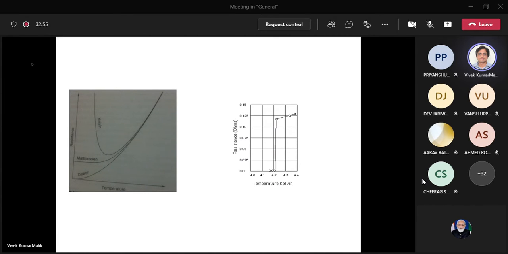It's very difficult to reproduce it. Then he chose mercury. Mercury is a metal, but at room temperature it is in liquid form. This is also a very interesting case. It is one of the metals which is liquid at room temperature, so it was easier to distill it.